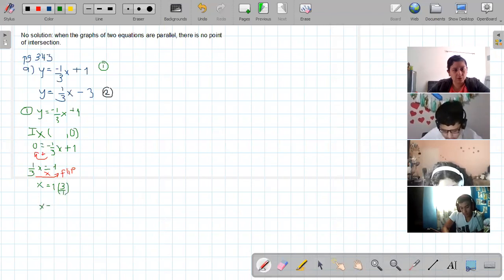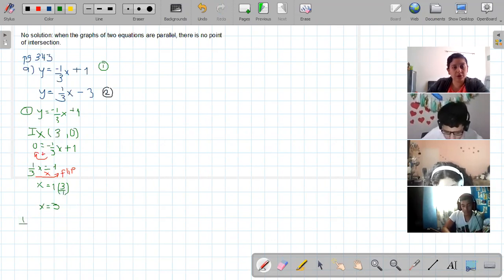So x is equal to 1 times 3, over, and I copy the denominator. Remember the little trick. Do I need a denominator 1? No, right? So I don't write it. I'm going to place here 3.